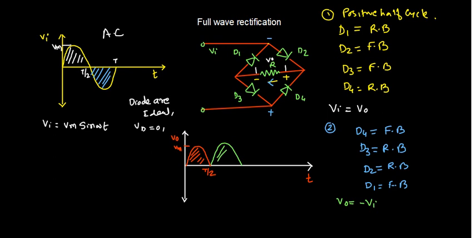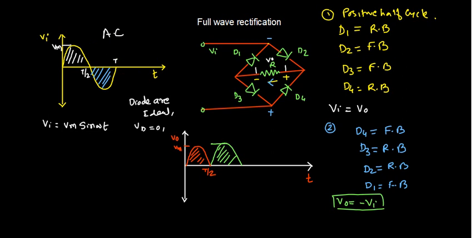So this is what we are getting, because here you see this polarity is not changed. Current is moving in the similar direction in the negative half cycle also. So we are getting this one, this one is inverted. V output is inverted to V input. So this half cycle is becoming positive.